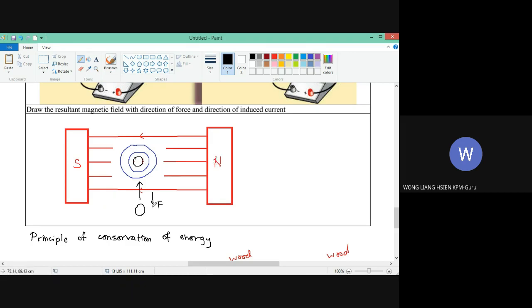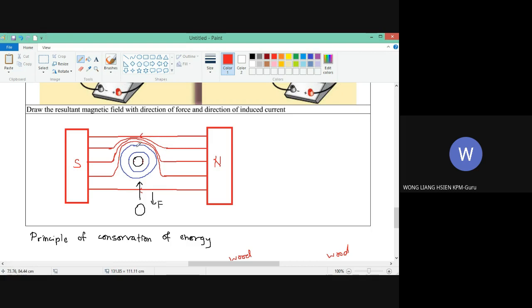So if this is the direction of the opposing force, that means the combined magnetic field, or the resultant magnetic field, must look like this. It must be like this.